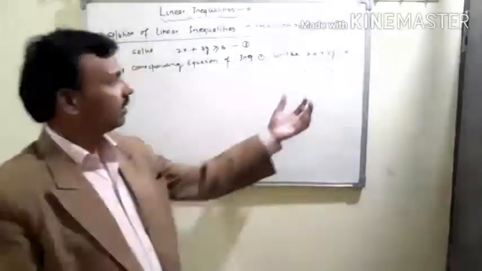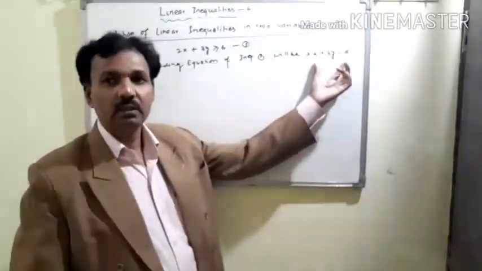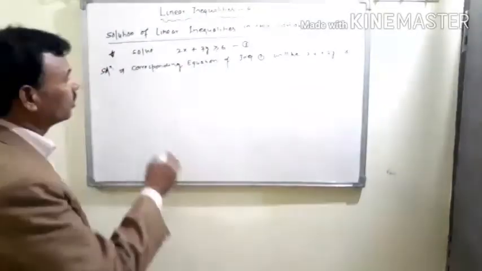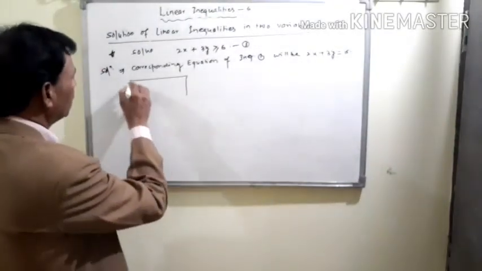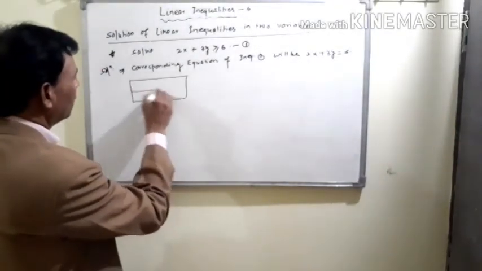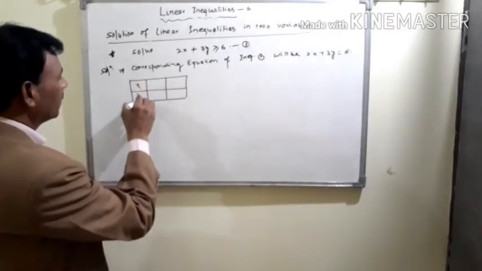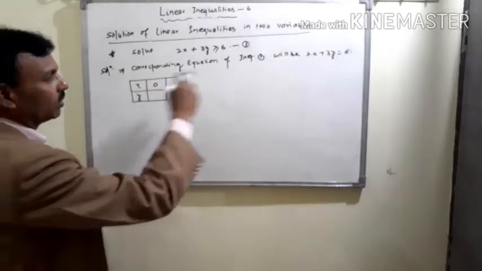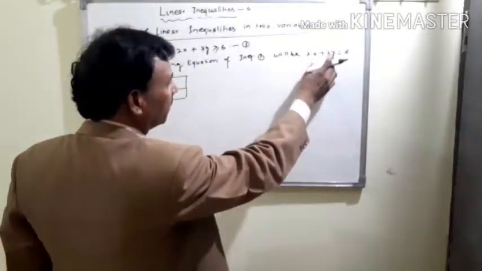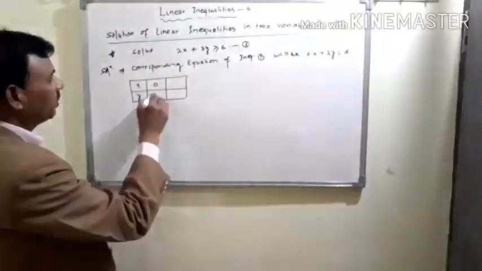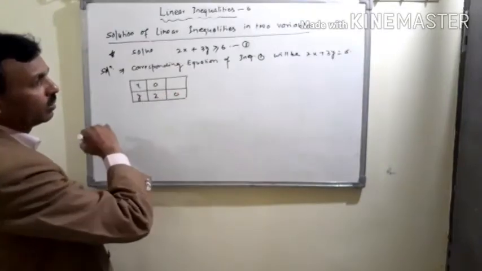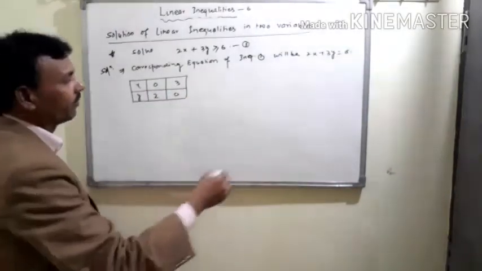Now first we draw the graph of this line. For this we will take any points on this line. If we take any 2 points on this line, if we put x equal to 0 in this equation, y will be 2, and if y equal to 0, then x will be 3.